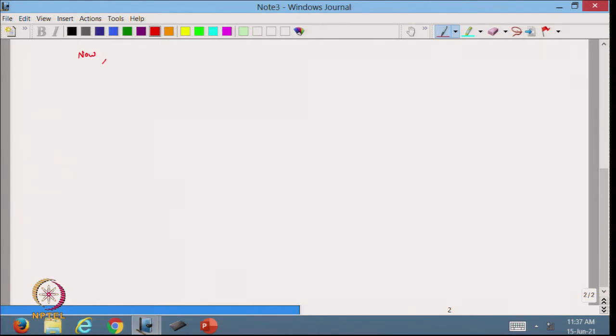Now, we know that the matrix A of order m cross n is also a linear function. So I have taken f(x) as Ax, which means that A is a linear function from Rn to Rm.